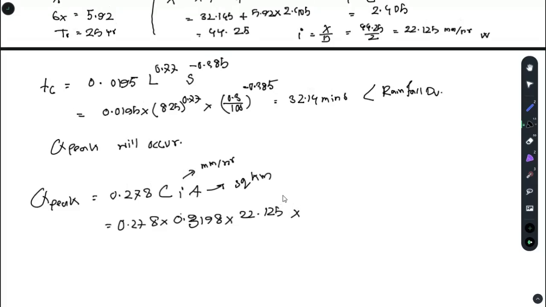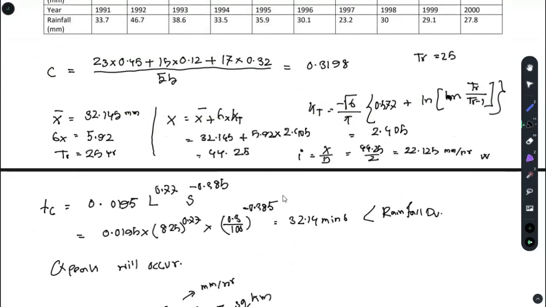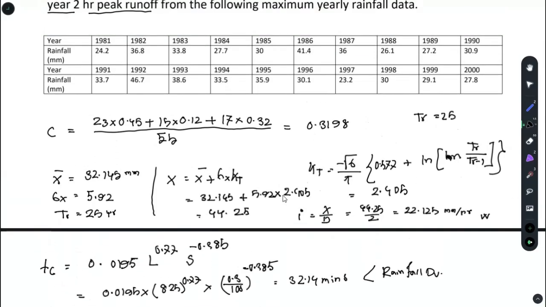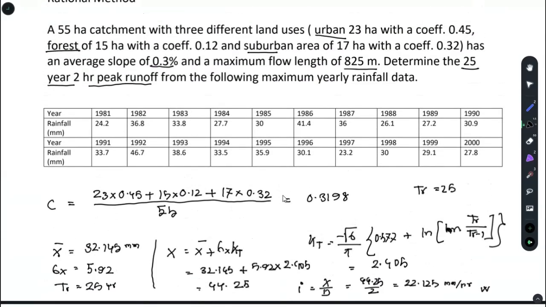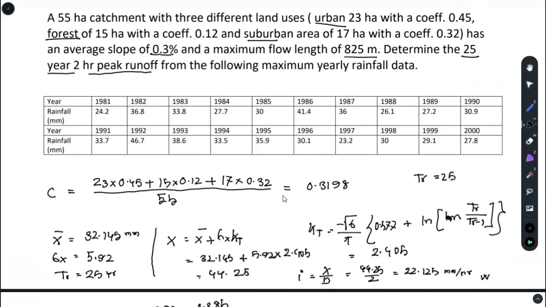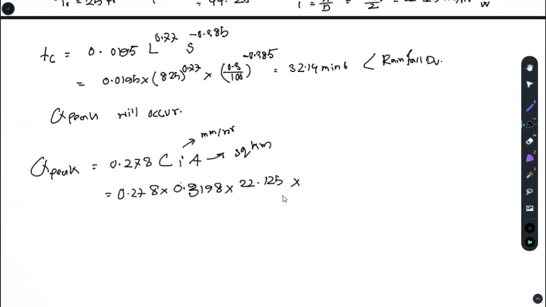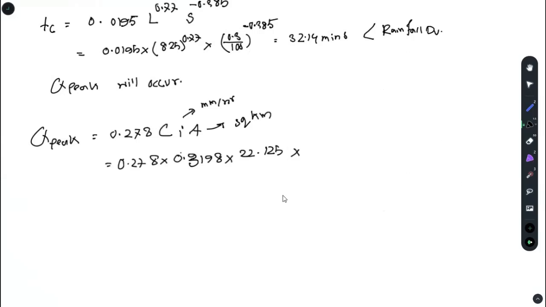So you have an area of, as it has been said, 55 hectare. So you will divide 55 by 100 to convert hectare to square kilometer, and you get peak discharge in cubic meter per second, and the value will be 1.08.